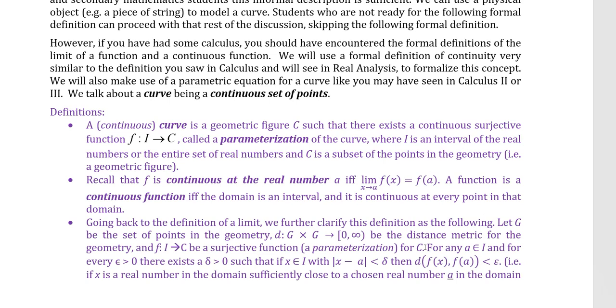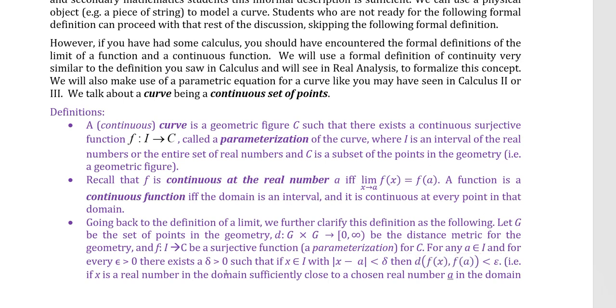For any a in the interval I, and for any epsilon greater than 0, there exists a delta greater than 0, such that if x is an element of I, with the absolute value of x minus a less than delta, then the distance, using our distance metric from the geometry, from f of x to f of a is less than epsilon.